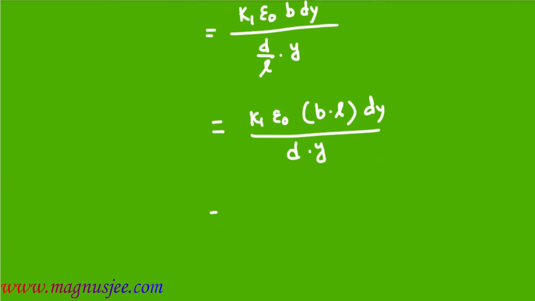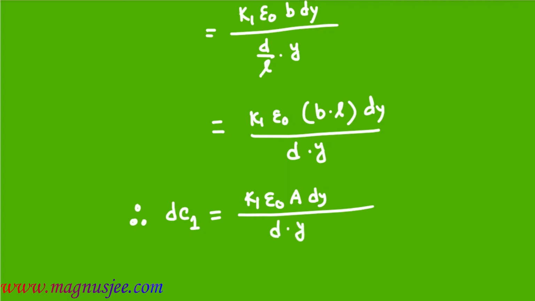Therefore dC1 equals k1 epsilon 0 b l dy divided by d y.